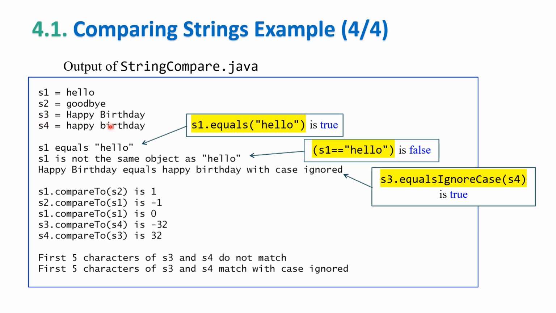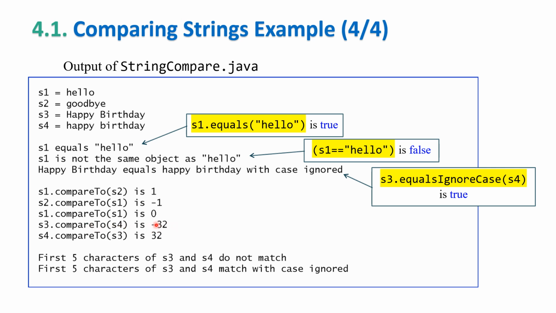in the lexicographical order. This is because the lowercase h is larger than the uppercase H in terms of Unicode or ASCII code. And S3.compareTo(S4) is a negative number, which is -32 in this output.